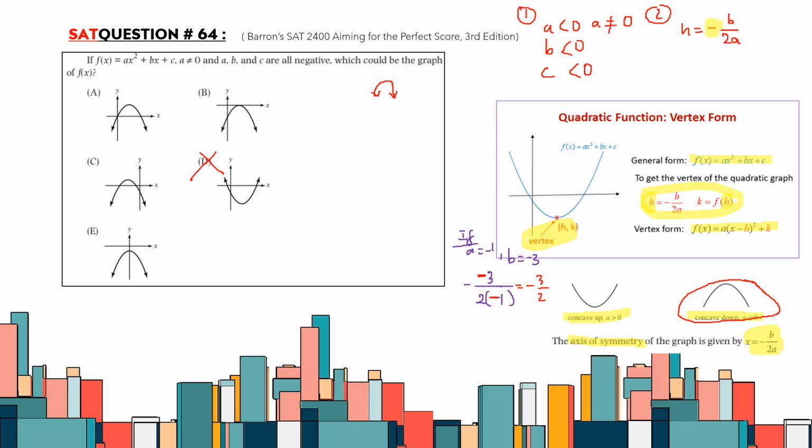In this case, our axis of symmetry h is equal to a negative number. It means the axis of symmetry will be on the left side of the y-axis. So the axis of symmetry on the right side, we eliminate.